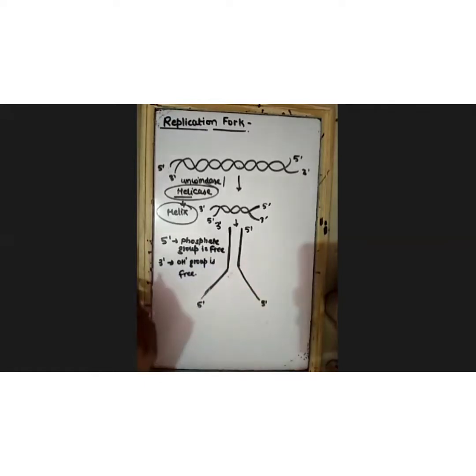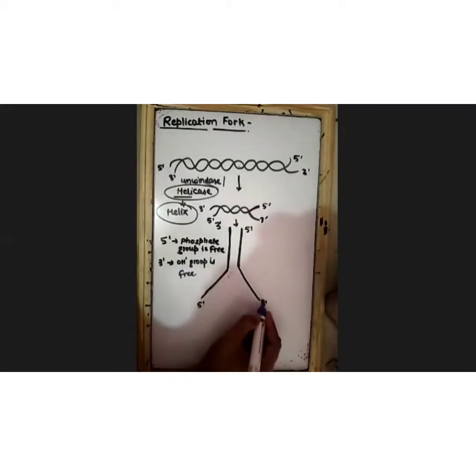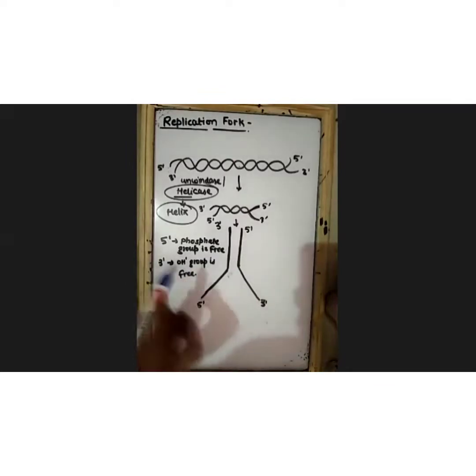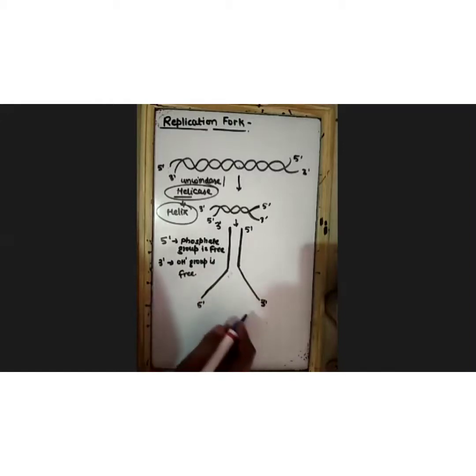It is not attached to any other molecule. So we need the OH group to attach the nucleotide. So the DNA replication will occur in the 5 to 3 direction.